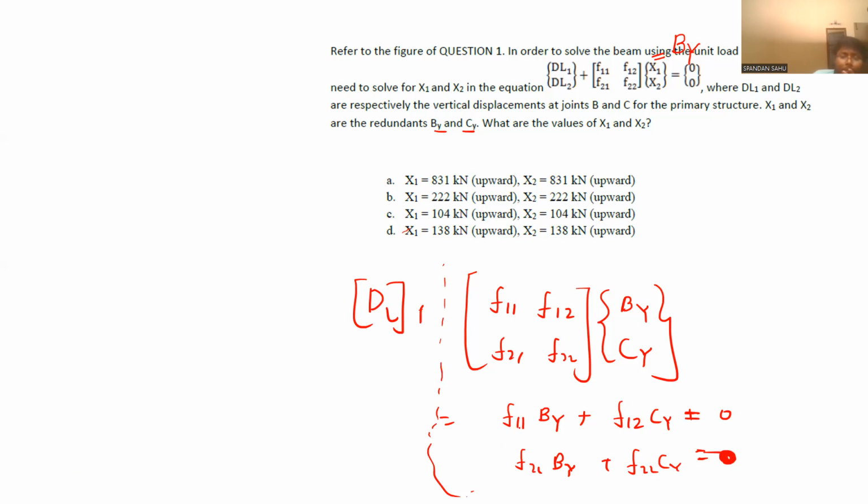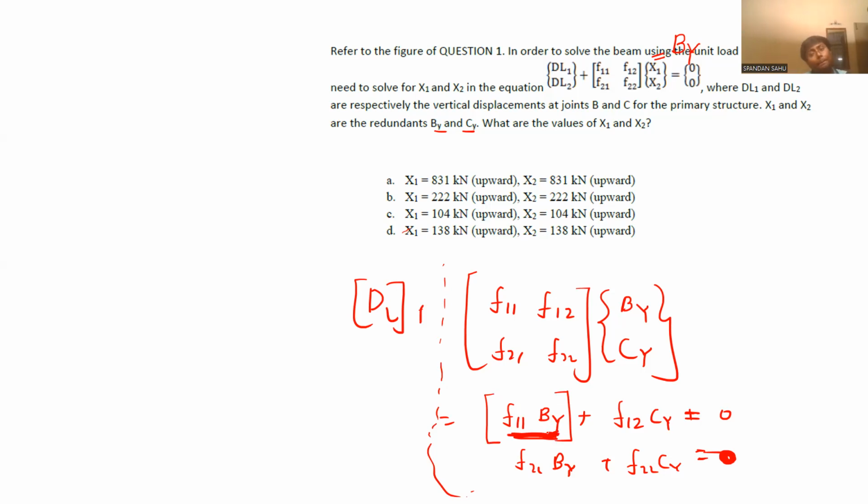Now, see, displacement at 1 due to unit load at 1. You have applied a unit load there and calculated the displacement there. But was your reaction unit? No. It was By. So when you multiply the unit displacement by By, you will get the entire displacement for that By reaction.